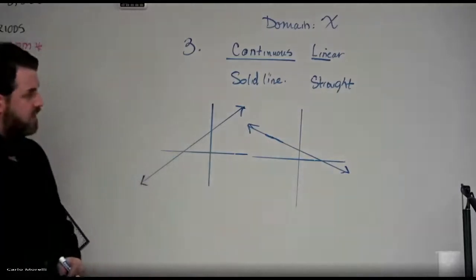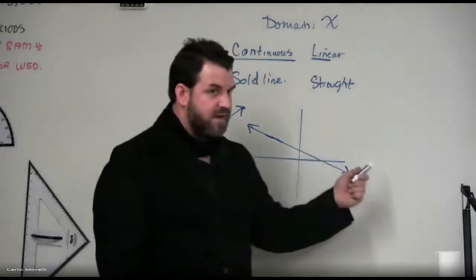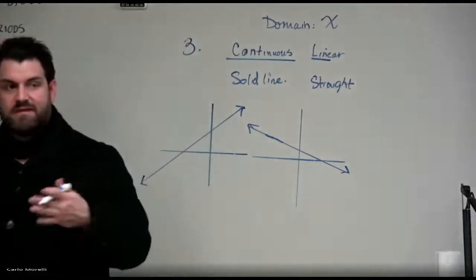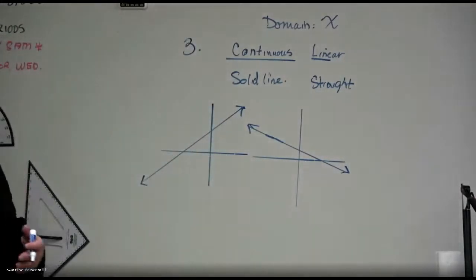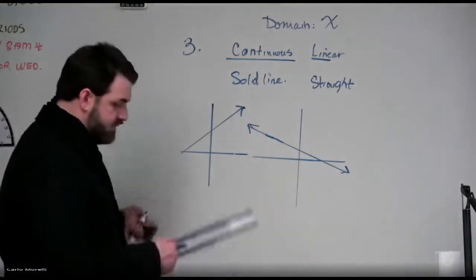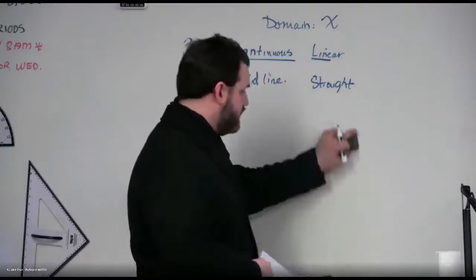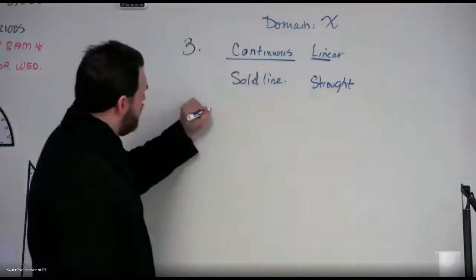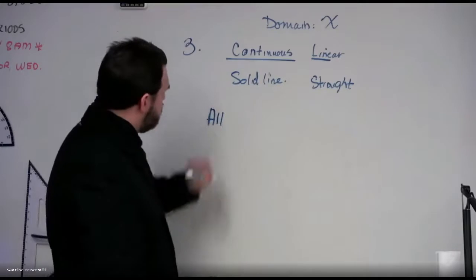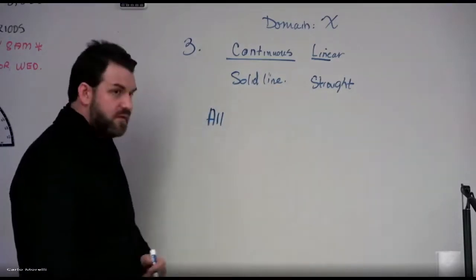So we're talking about domain. That is, what x values can these lines take on? They can take on any and all x values, infinite in both directions. So the answer to the question, what is the domain of all continuous linear functions, is all, what do you think the next word is?